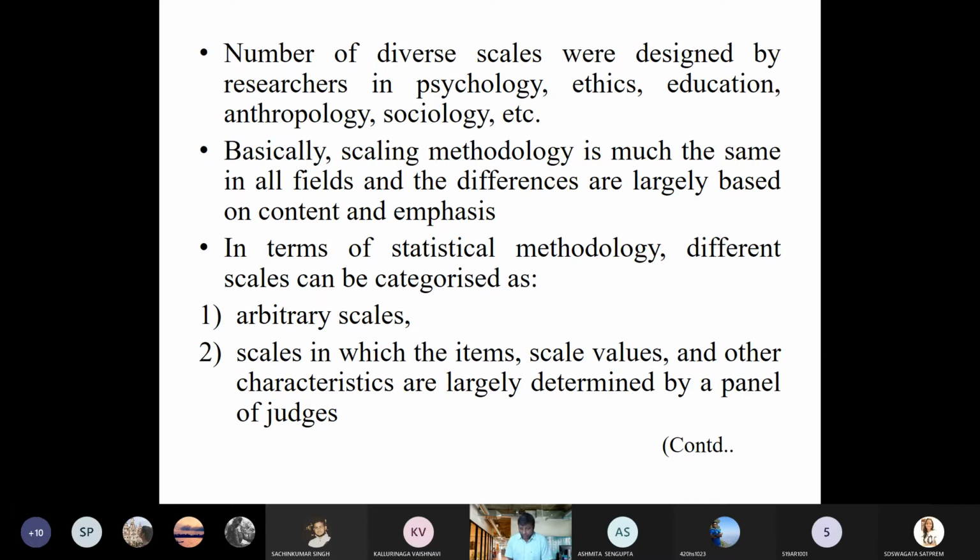In terms of statistical methodology, different scales can be categorized as arbitrary scales, scales in which the item scale values and other characteristics are largely determined by a panel of judges. So these are the things which are always needed in all these, which is highly essential in our part.